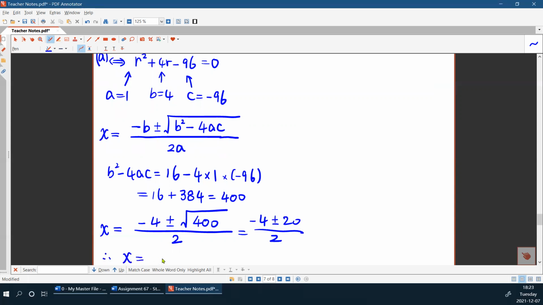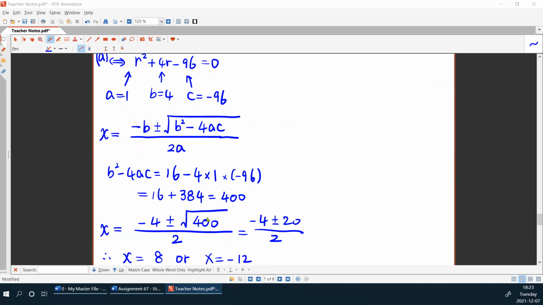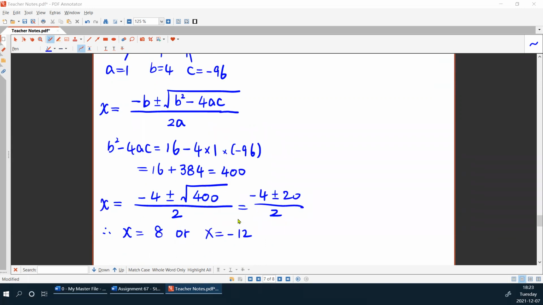Therefore, when you choose the positive sign here, 20 minus 4 is 16, 16 over 2 is 8. And if you choose a negative sign here, that will get you minus 24 over 2, which is minus 12, right? So here we have two different real roots, which are 8 or negative 12.